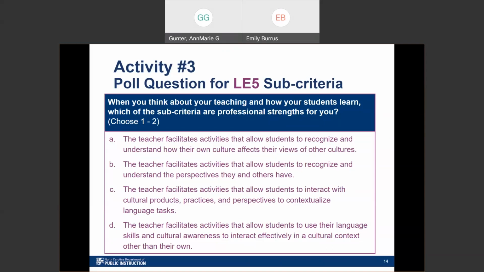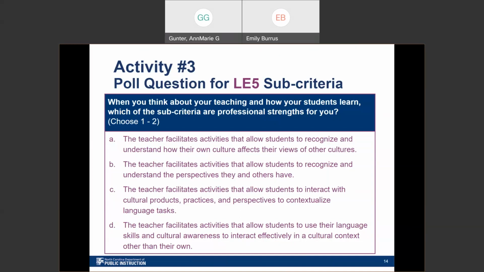All right, thank you for responding and sharing your professional strengths. I'm going to go ahead and show you what our results were. Well, we have strengths across the board. These sub-criteria that are on the screen are strengths for one or two of you on every account. The main strength seems to be B and C, where over 40% of you said those are professional strengths for you.